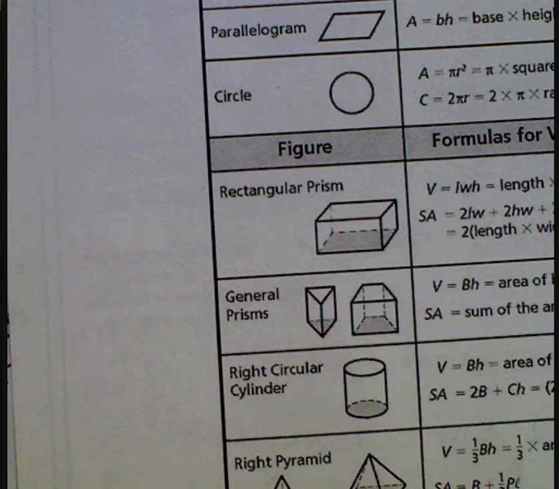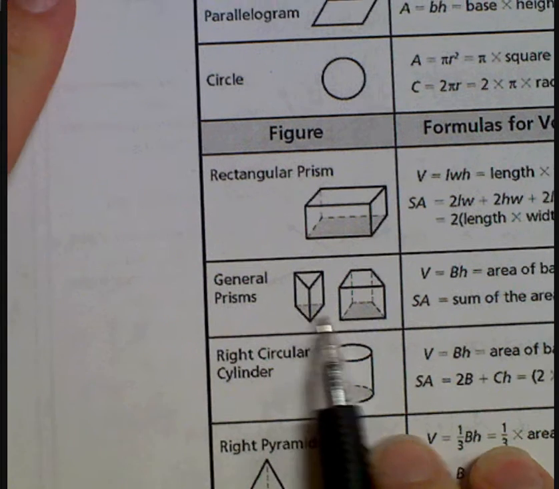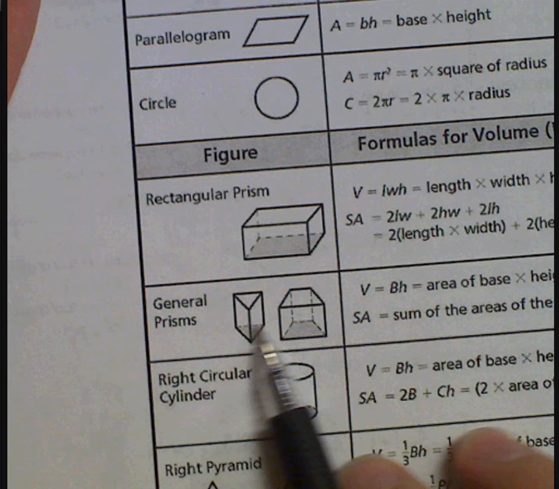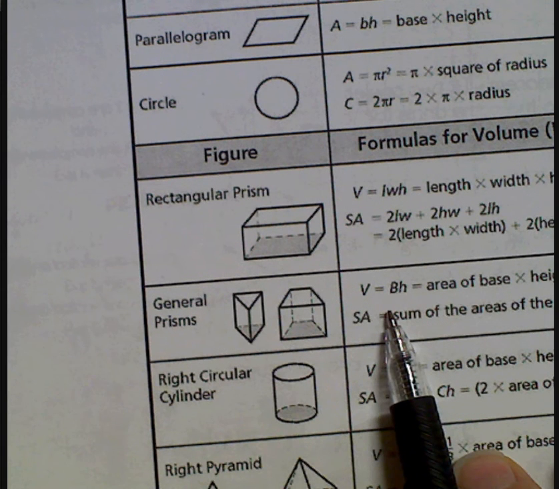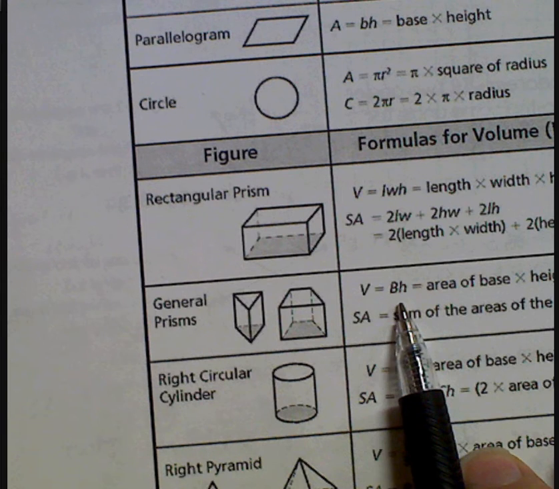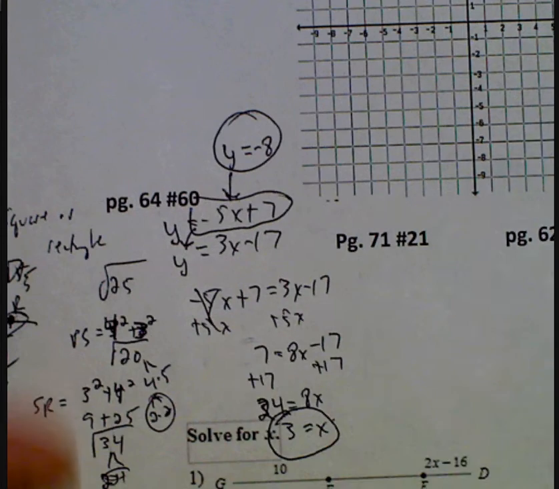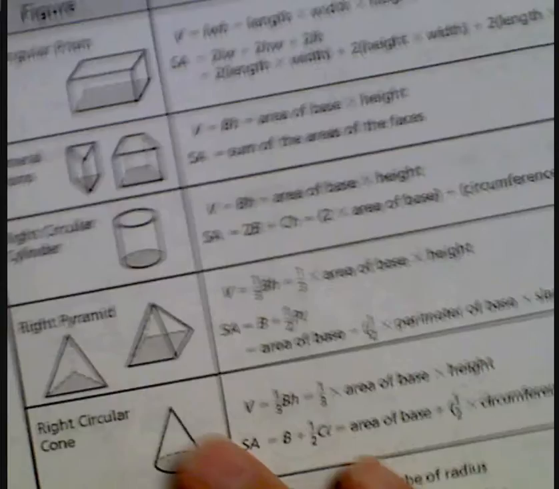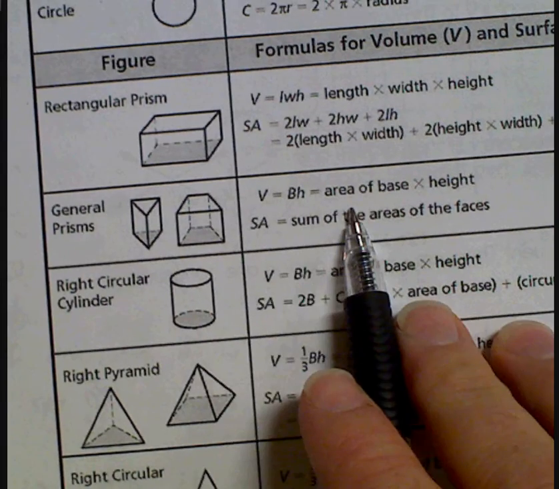That shape is a general prism right here. So I need to find the volume and surface area. My volume is B times H. My B stands for area of the base.